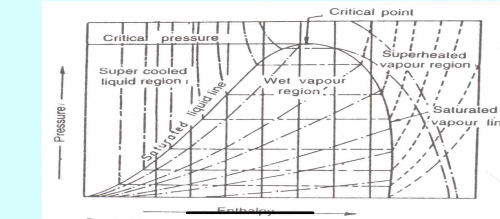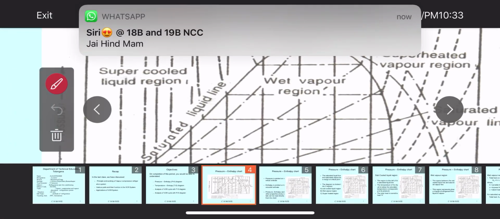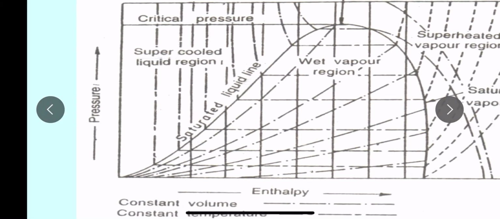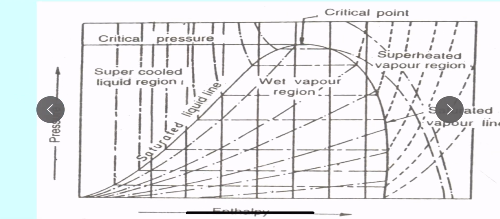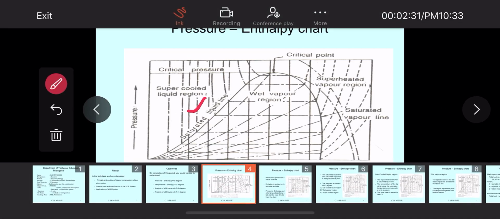Okay, if you see here, this is the saturated liquid line. Okay, here one curve is there. This curve shows that one is the saturated liquid line, another one is the saturated vapor line.